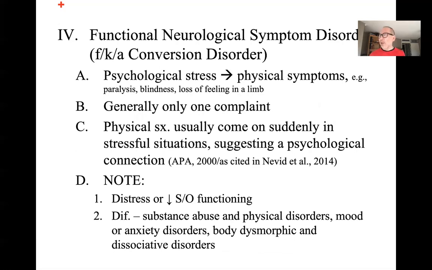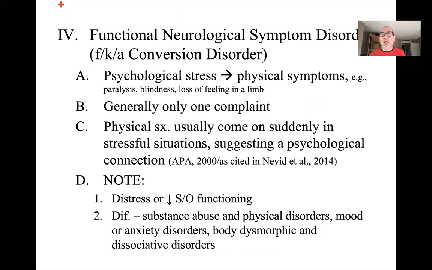One of Freud's favorites to talk about was what was formerly known as conversion disorder. It was called conversion because the idea was that someone experienced a physical symptom without an organic basis.